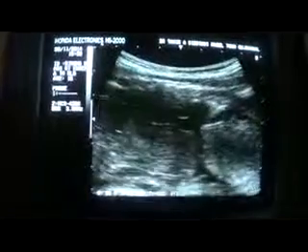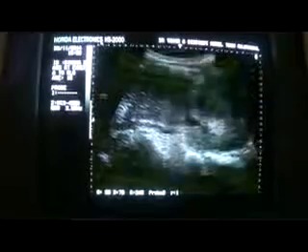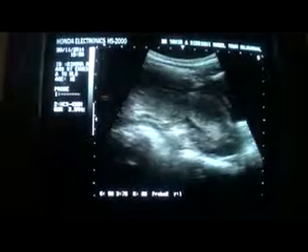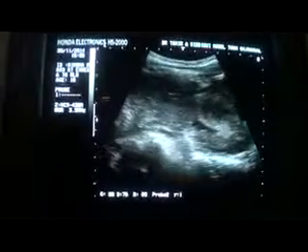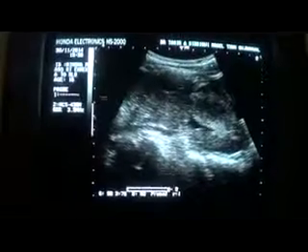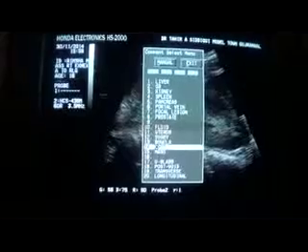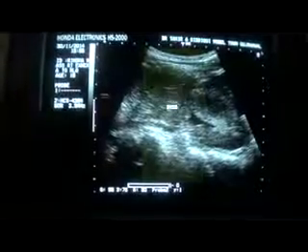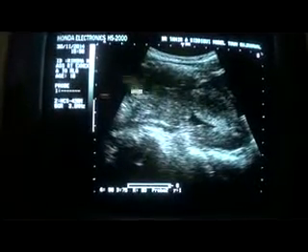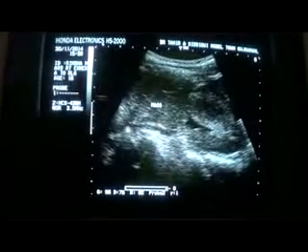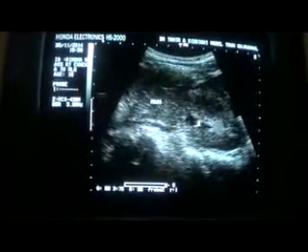Now when I move the probe from the region of the right adnexa or right pelvic region, you see now this is a mass. This is a mass, solid, and this is the iliac vessel, right iliac vessel.